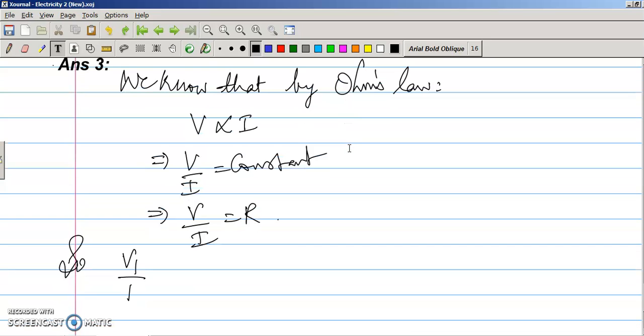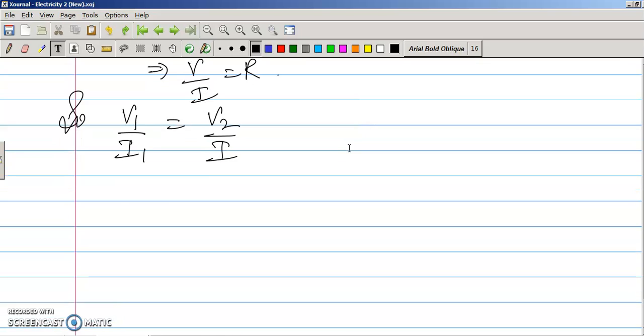So observe carefully. We should have V1 by I1, for V1 potential difference, I1 is the current. That should be equal to V2 by I2. V1 by I1 should be equal to V2 by I2, but V2 is V1 by 2, because we are changing the value of potential difference to half.